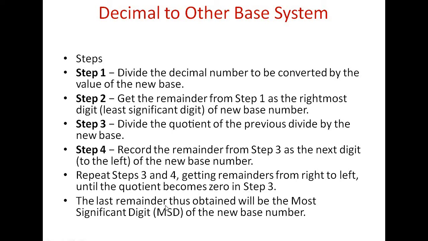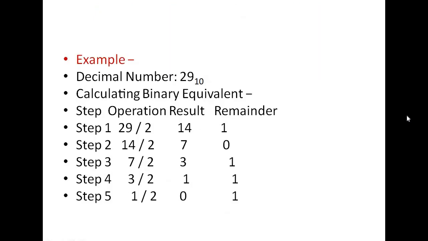The last remainder thus obtained will be the most significant digit of the new base number. What is the meaning of these steps? Let us take one simple example. Convert the decimal number 29 to its binary equivalent.